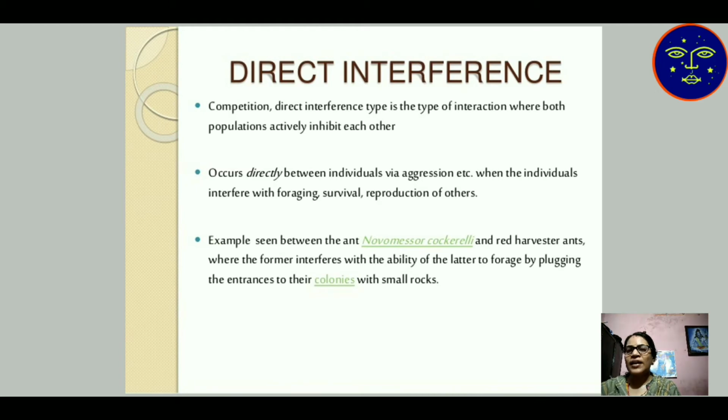It occurs directly between the individuals via aggression, etc., when the individuals interfere with foraging, survival, reproduction in some method. Example, it is seen between Novomessor cockerelli and red harvester ant, where the former interferes with the ability of the latter one.